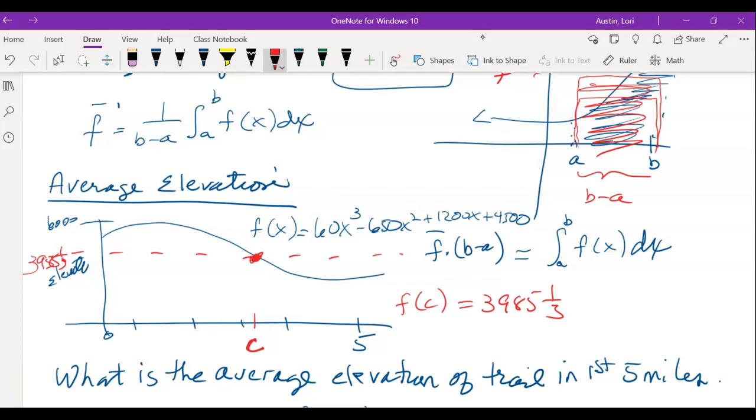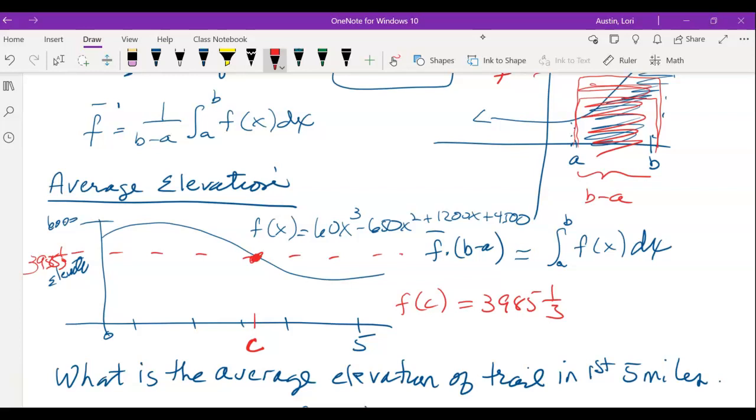That's all the mean value theorem ever says: there's something in the middle between a and b that is exactly equal to, in this case, the average function. That's all it says. We're not really doing too much with that.